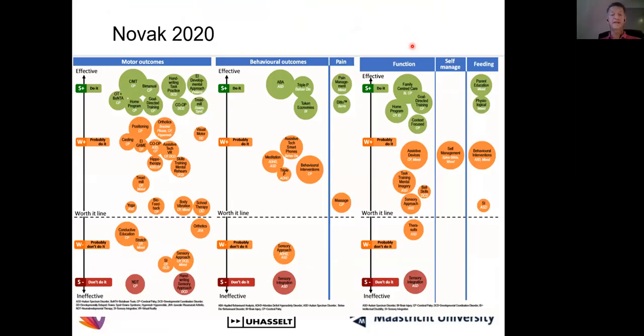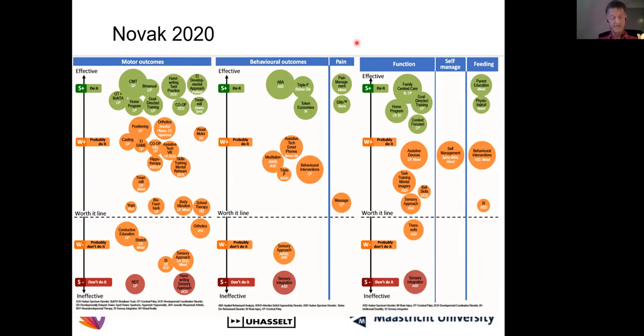This was repeated in 2020, so they updated the level, and what you see as the innovation is not on body function, but on motor outcome, behavioral outcome, and the functioning of the patient.